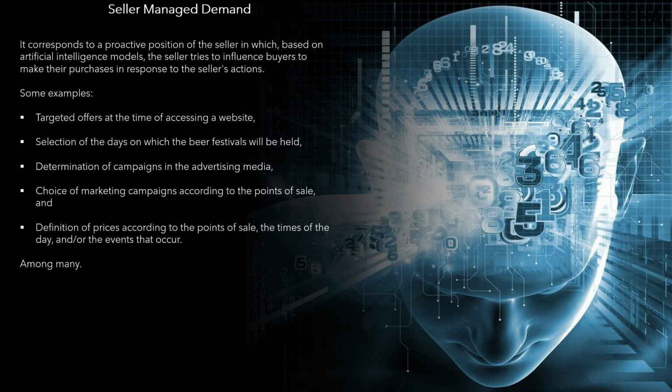It corresponds to a proactive position of the seller in which, based on artificial intelligence models, the seller tries to influence buyers to make their purchases in response to the seller's actions. Some examples: targeted offers at the time of accessing a website, selection of the days on which the beer festivals will be held, determination of campaigns in the advertising media, choice of marketing campaigns according to the points of sale, and definition of prices according to the points of sale, the times of the day, and/or the events that occur, among many.